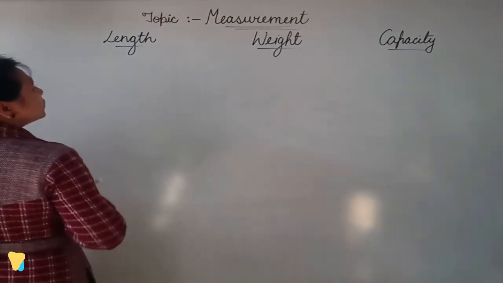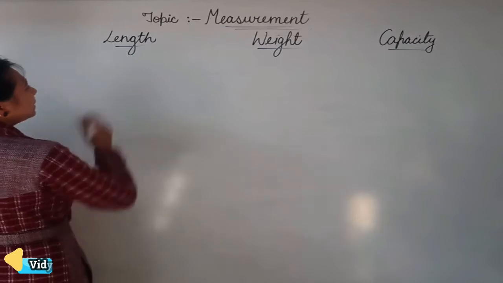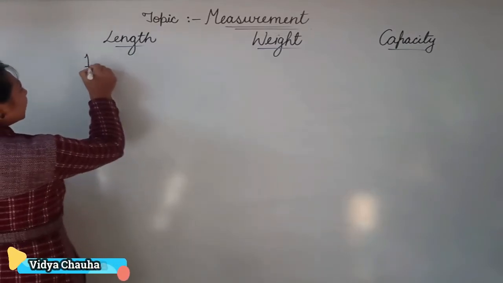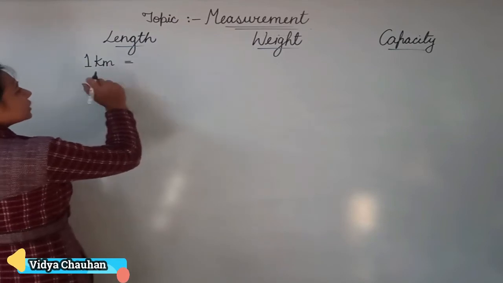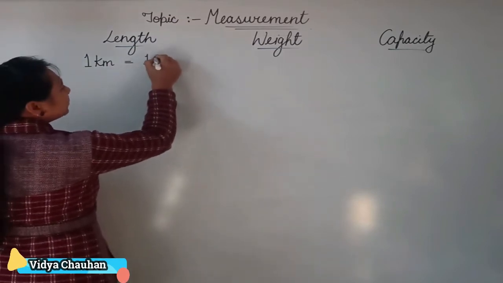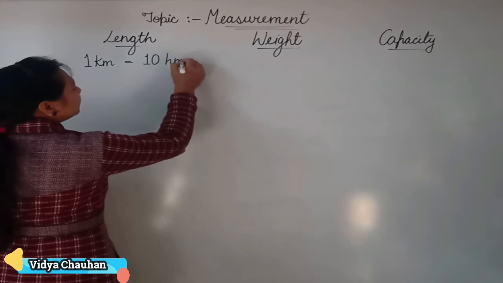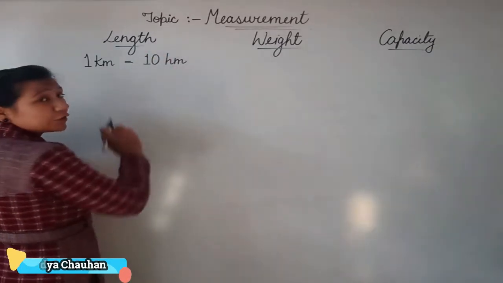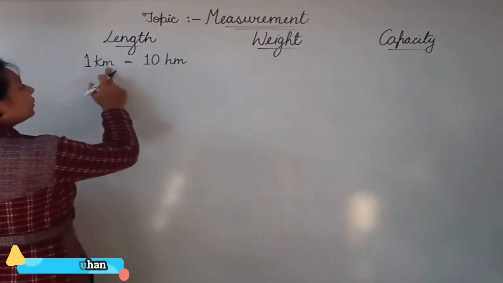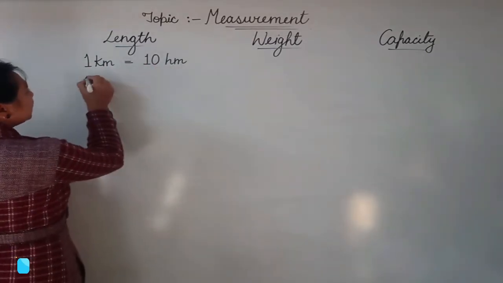Very first, if we talk about length, the biggest unit which we have is kilometers. So 1 kilometer is equal to 10 hectometer. 10 hm. This hm is hectometer.